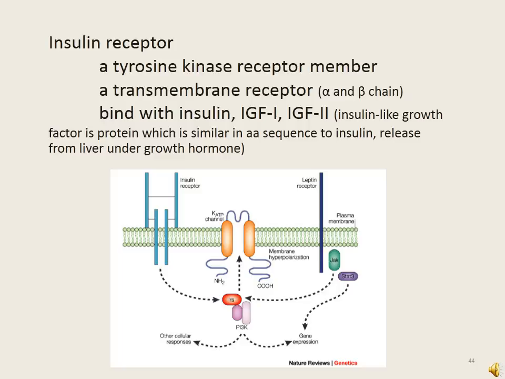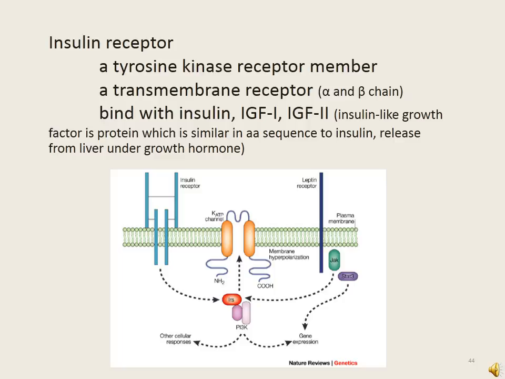This slide describes and shows you the figure of the insulin receptor and its intracellular signaling pathway, okay. The receptor is composed of alpha and beta chains. It is a transmembrane receptor, and its signaling pathway uses a kinase enzyme, the tyrosine kinase pathway.